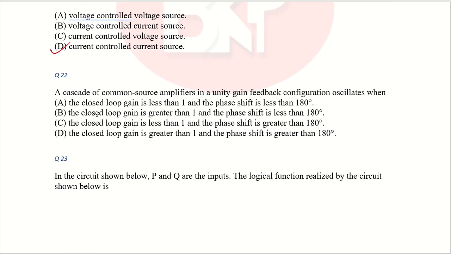Question number 22. This is actually a little different question, and I think it is going to be a wrong question. Let the IITian come up on this. A cascade of common source amplifiers in a unity gain feedback configuration oscillates when. None of the options were actually matching.